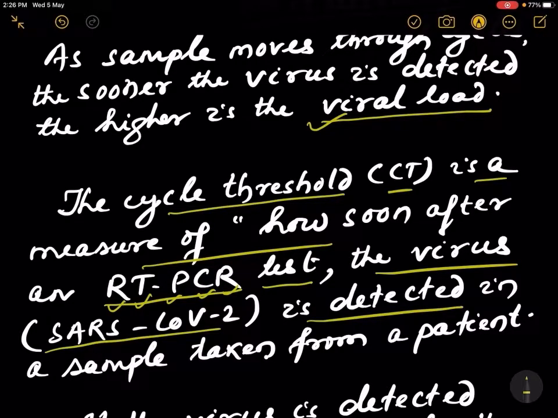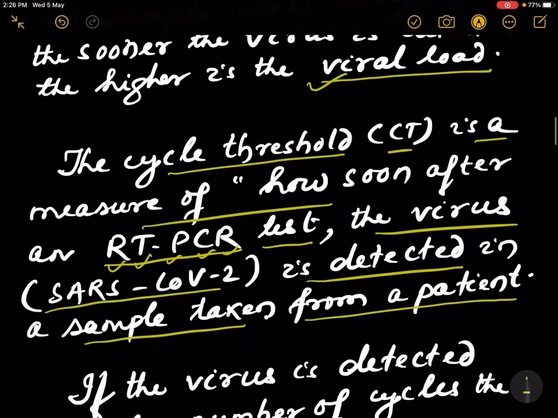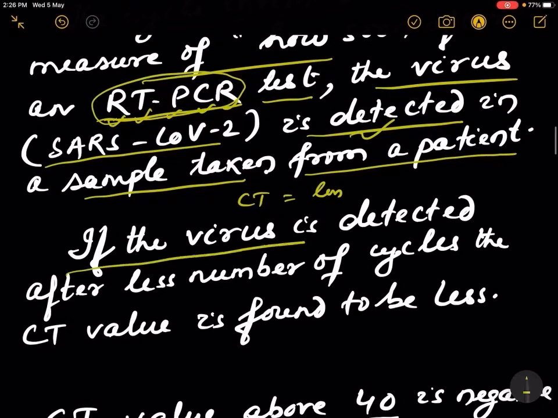If by the help of RT-PCR test the virus is detected quickly, then the CT value is found to be less. If the virus is detected after less number of cycles, the CT value is found to be less.